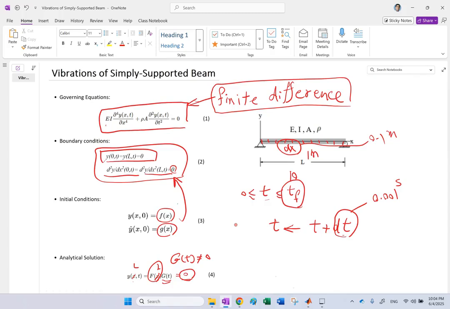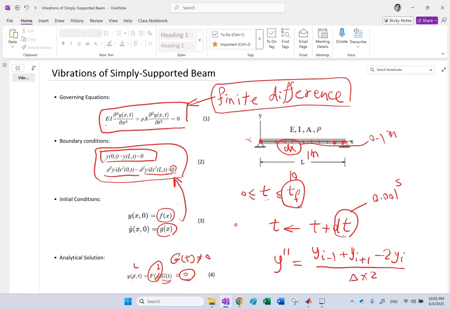So you see here, this first node and the last node at any time point, their y is 0. But to make sure that the curvature at the beginning and end is 0, I also force these two to be 0. Because you can approximate y double prime by basically y of i minus 1 plus y of i plus 1 minus 2 y i, divided by delta x squared.